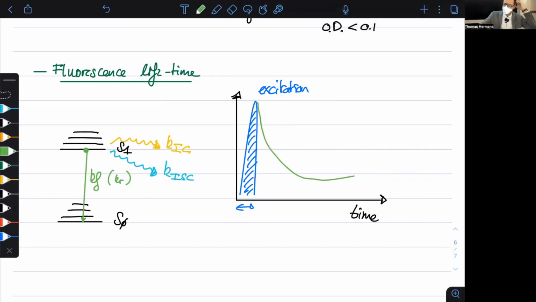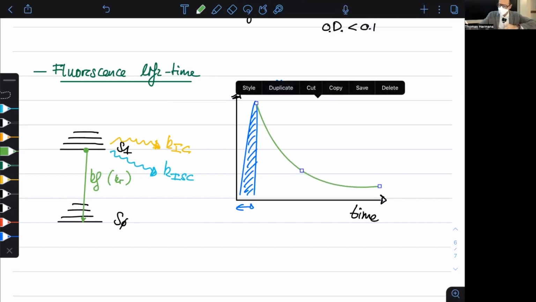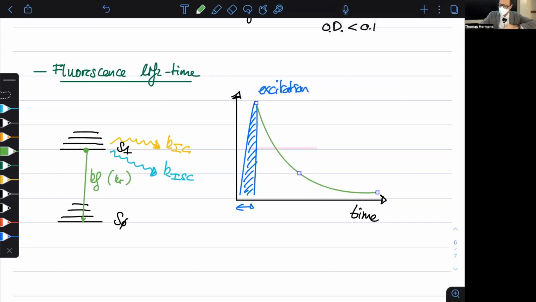I have to draw it more curved. Okay, so it will decay, kind of an exponential decay, like this. So this is my fluorescence emission.